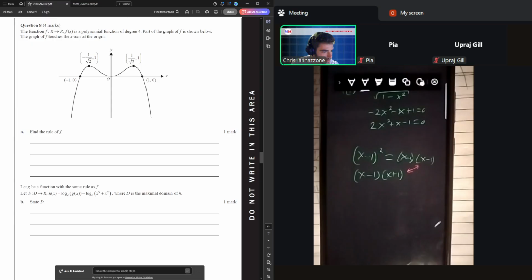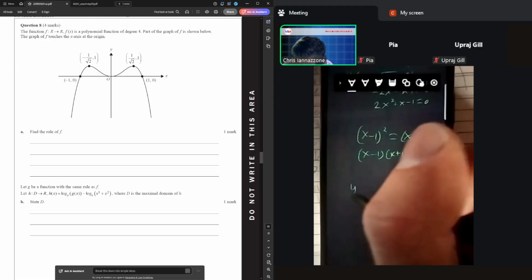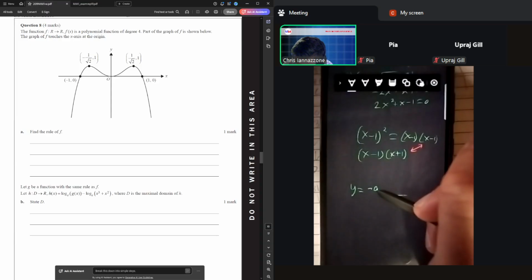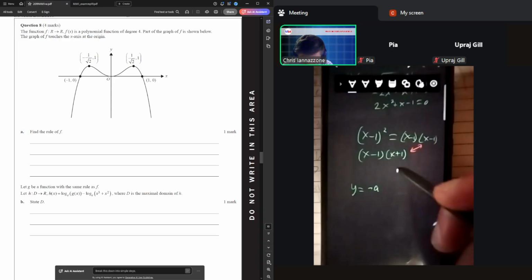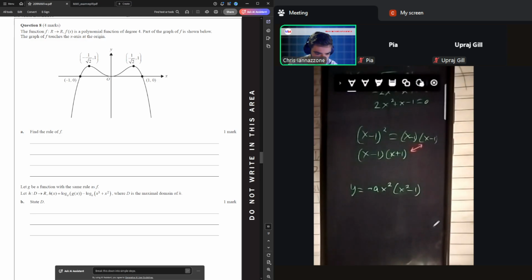Yep, so that's that. I believe all that's left is the a term, because where we're currently at is we had y equals negative a x squared, because of the turning point at the origin, and then the x squared minus 1 factor that we've just discussed.